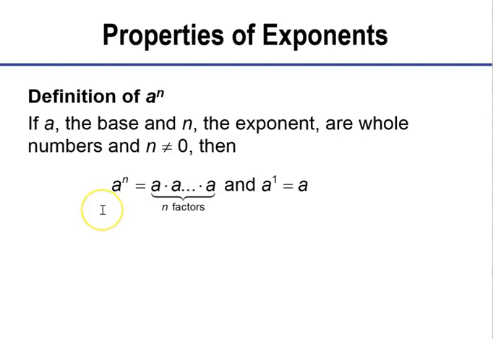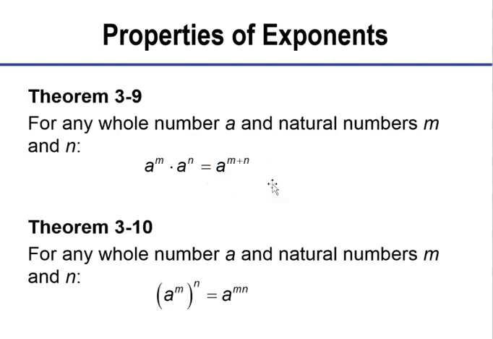Then a to the n is equal to a times a times a times a, n number of times. Okay, and you do need to know that a to the first is a. Now that gives us a few properties. One of them is that a to the m times a to the n is a to the m plus n. So when you're multiplying bases, you actually add exponents.